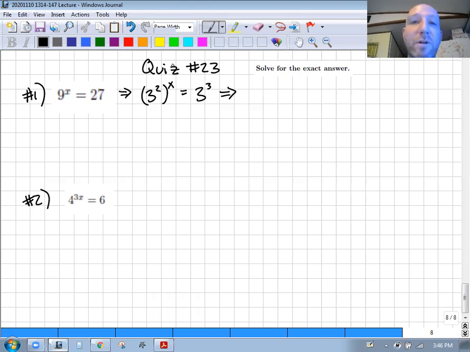When you have an exponent to an exponent, you multiply them. So now when you have two sides of the equation and they have the same base, this tells you that the exponents are equal. We could see that by taking log base 3 of both sides.